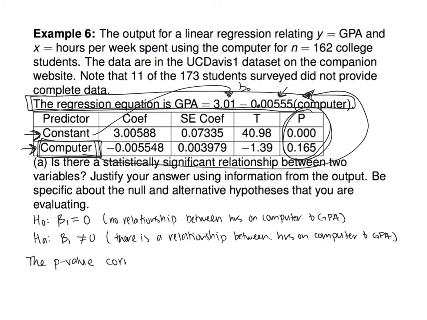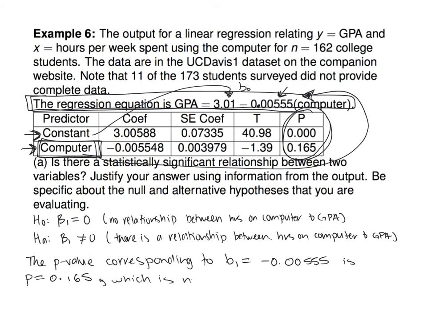That's a p-value corresponding to b1 equals negative 0.00555, is p equals 0.165, which is not less than alpha, which is the typical threshold 0.05.